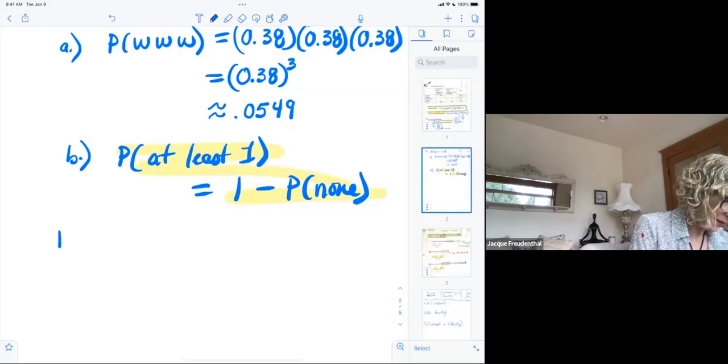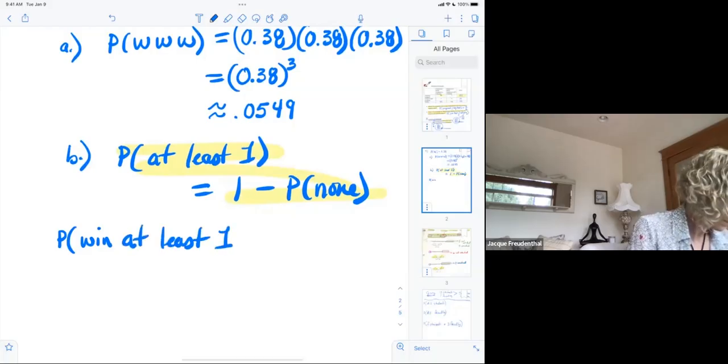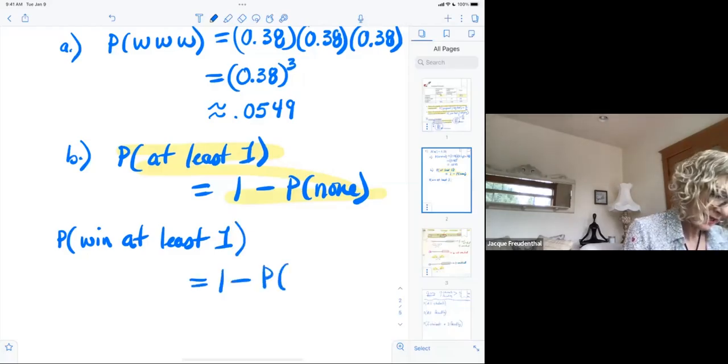So we want the probability that we win at least once. That's the same as 1 minus the probability that we have no wins.